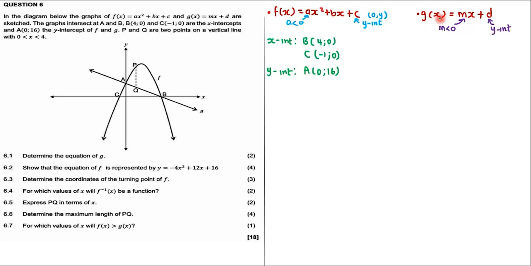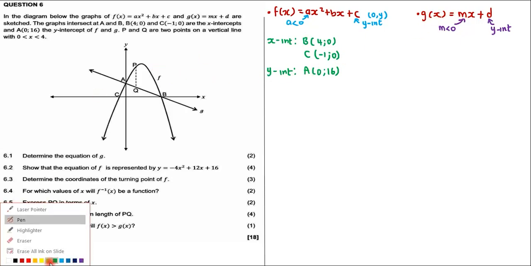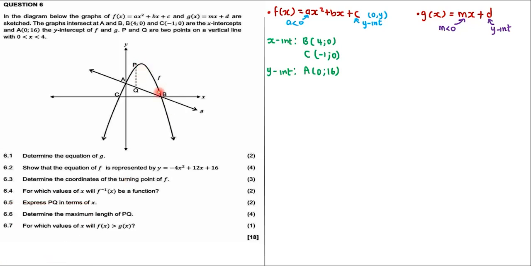Okay. Now what about g? Looking at g, I can see that on g I have B and A. B is the x-intercept of g, so I'm going to write that the x-intercept for g is B, which is (4;0), and then the y-intercept there is going to be A, which is (0;16).